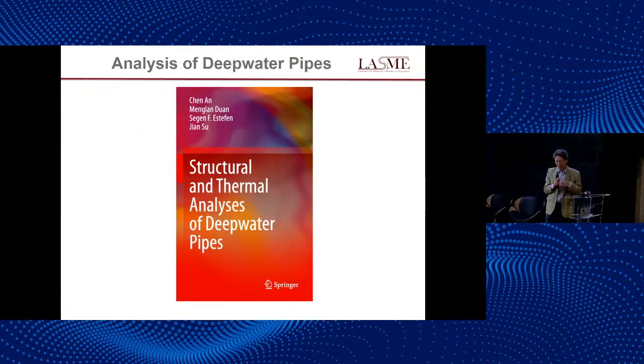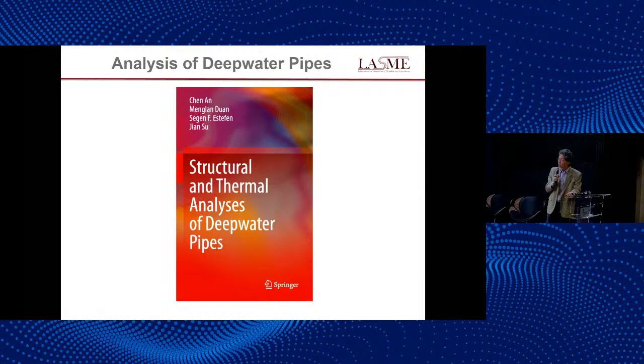I think this book authored by Professor Anchen, Professor Duan, Professor Sijin, and me best summarizes the China-Brazil collaboration for the last decades. So this book was divided into three parts. Part one is structural analysis, mostly carried out by Professor Sijin and Professor Anchen.